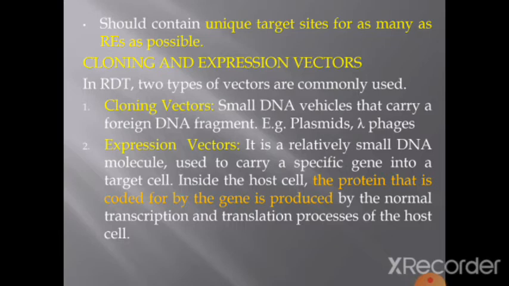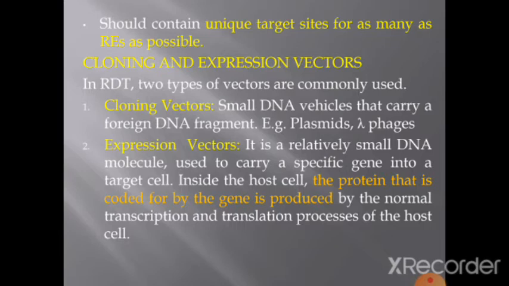Then the second type is expression vectors. It is a relatively small DNA molecule used to carry a specific gene into a target cell. Inside the host cell, the protein that is coded for by the gene is produced.